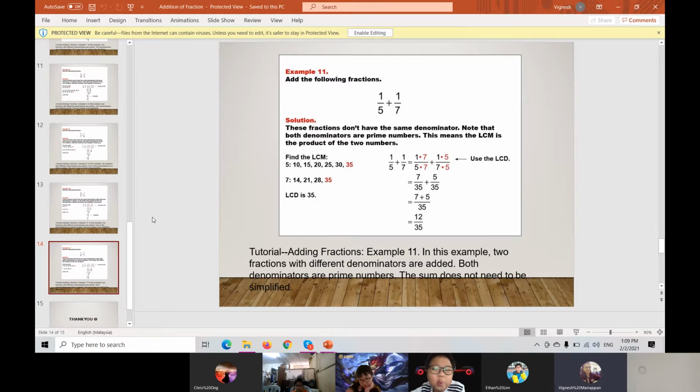Okay. Question number 11. Quinas, how to do 1 over 5 plus 1 over 7. The rest also can find out your answers by your own, but I want Quinas to do this. You have to make the denominator equal. How?